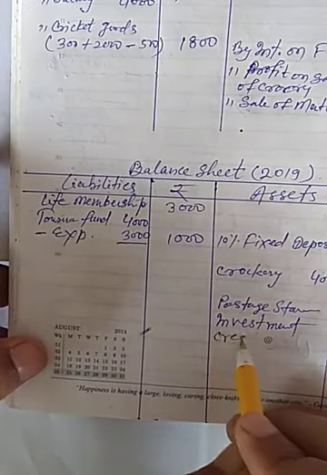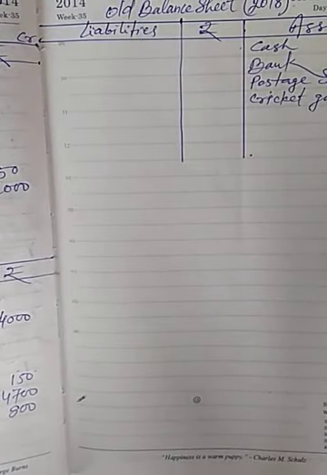Cricket goods closing balance is given 800 and opening cricket goods 300 in the question.